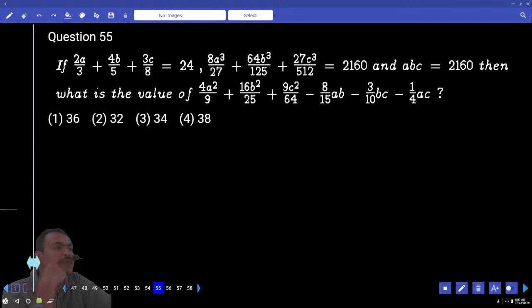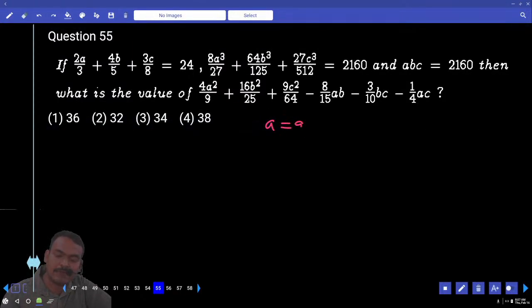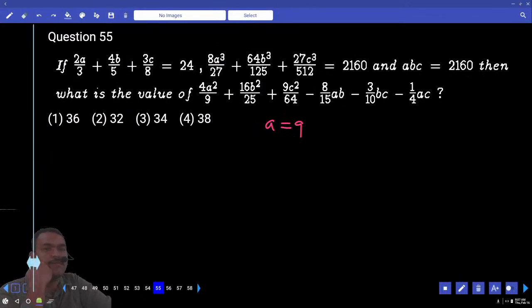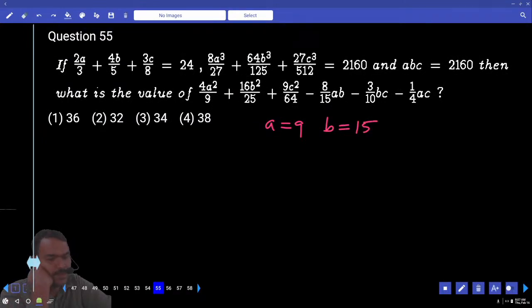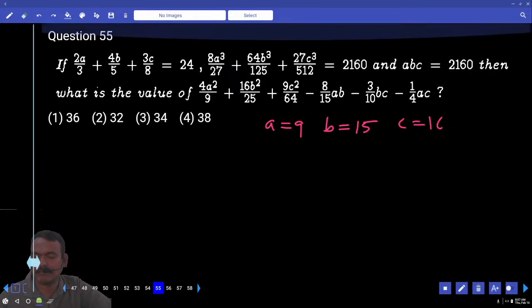So a must be a multiple of 3. Then I consider the value of a as 9. For 4b by 5, b must be a multiple of 5, so I write b as 15. Next, 3c by 8: c must be a multiple of 8, so I write c as 16.